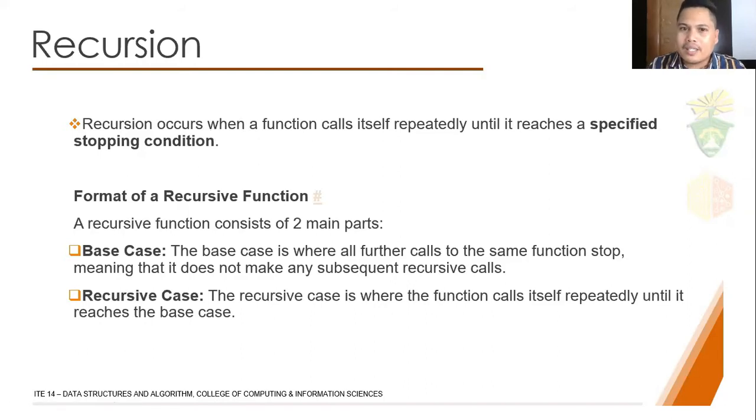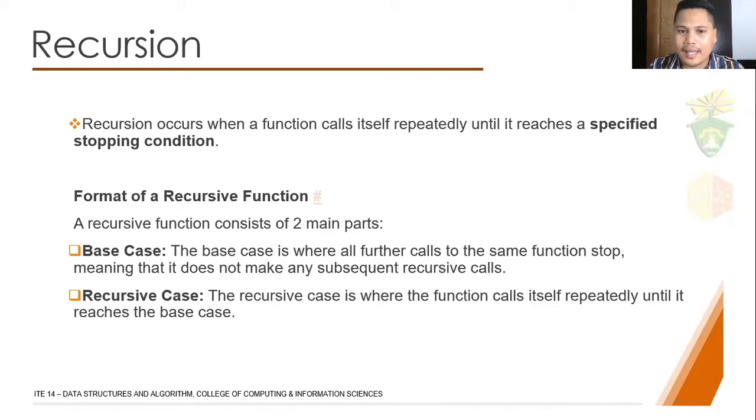In your Programming 1, you already talked about functions, right? And you already understand, as in our previous video, that all programs in C programming always have at least one function, which is the main function.